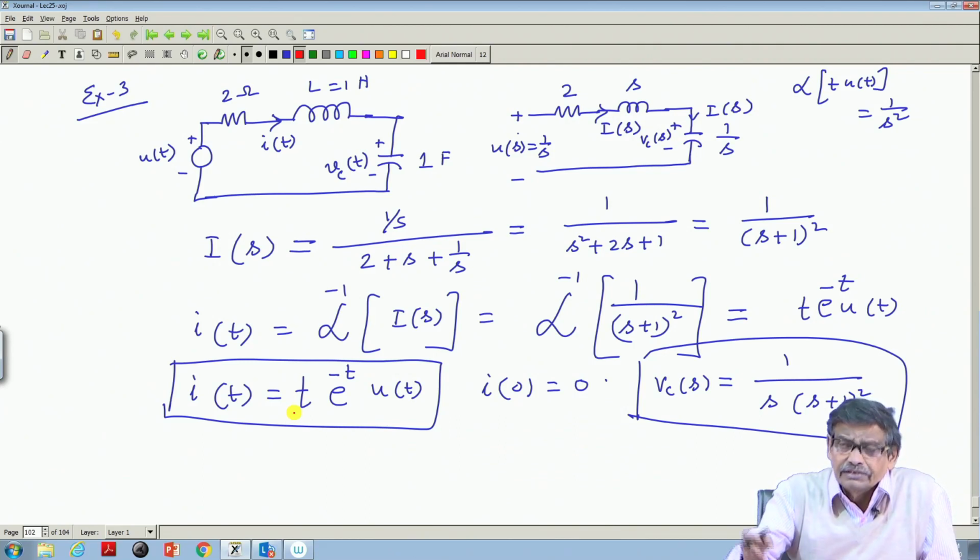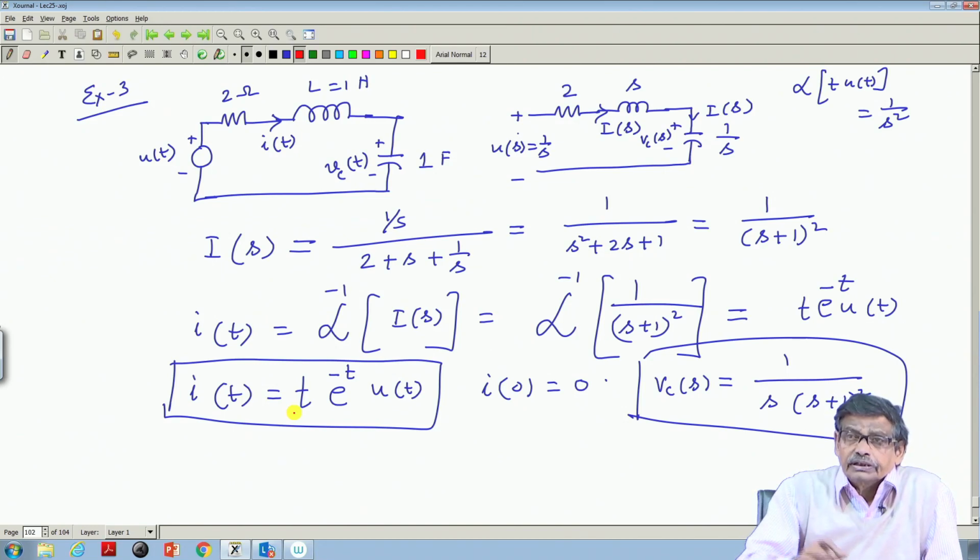Even if the circuit is complicated, with several series parallel branches, do not worry, go on doing like this. Whatever output you have to calculate, just like a DC circuit, do the algebraic manipulations. And then of course, before taking the Laplace inverse, you must bring the right hand side in such a form that you can easily identify the Laplace inverse of that.